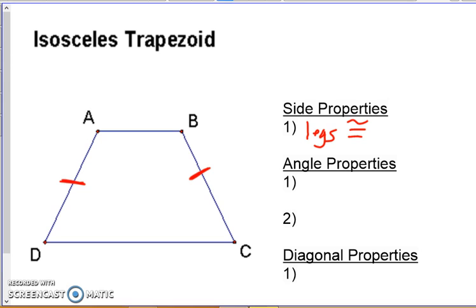Also, in terms of the angles, the lower base angles are congruent. And the upper base angles are congruent.